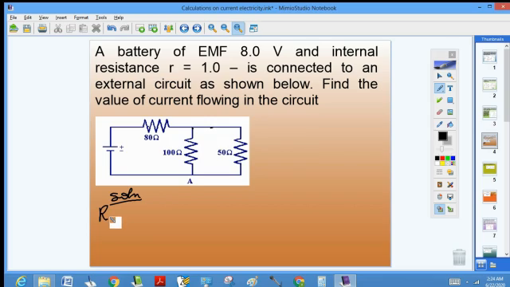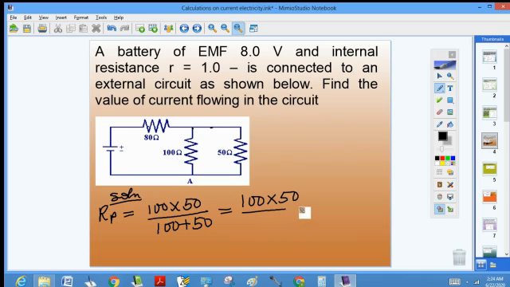Resistances in parallel: Rp is equal to 100 times 50 over 100 plus 50, and that will give us 100 times 50 divided by 150, of which 0 cancels 0 here, and 5 cancels itself once, and here to give us 3.